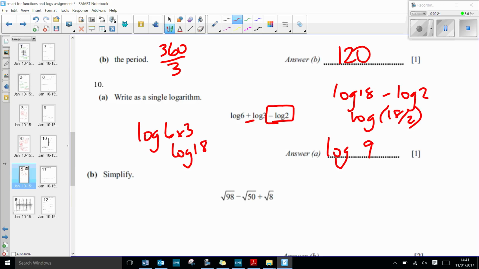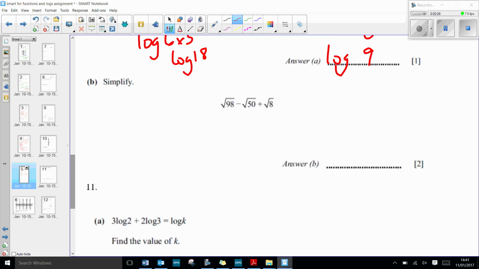Simplify these surds. Always look for square numbers here. So 98 is 49 times 2, 50 would be 25 times 2, and 8 is root 4 times root 2.